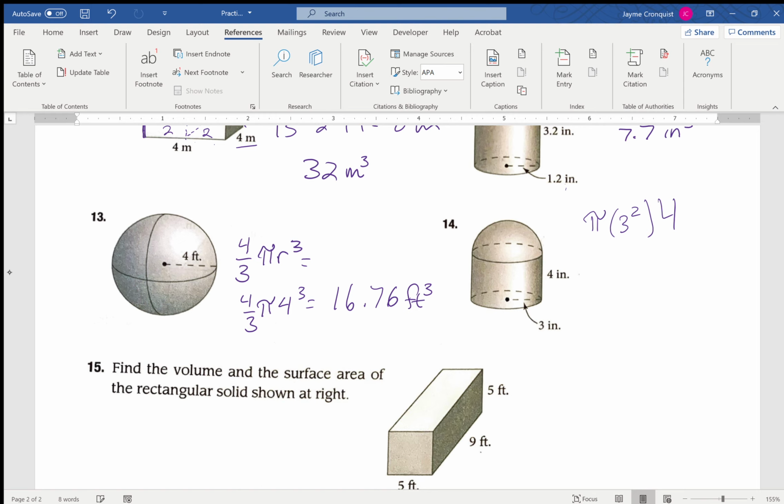The volume of the sphere is 4/3 pi r cubed. Okay, so our first number is 3.14 times 9 times 4. That's 113.04.